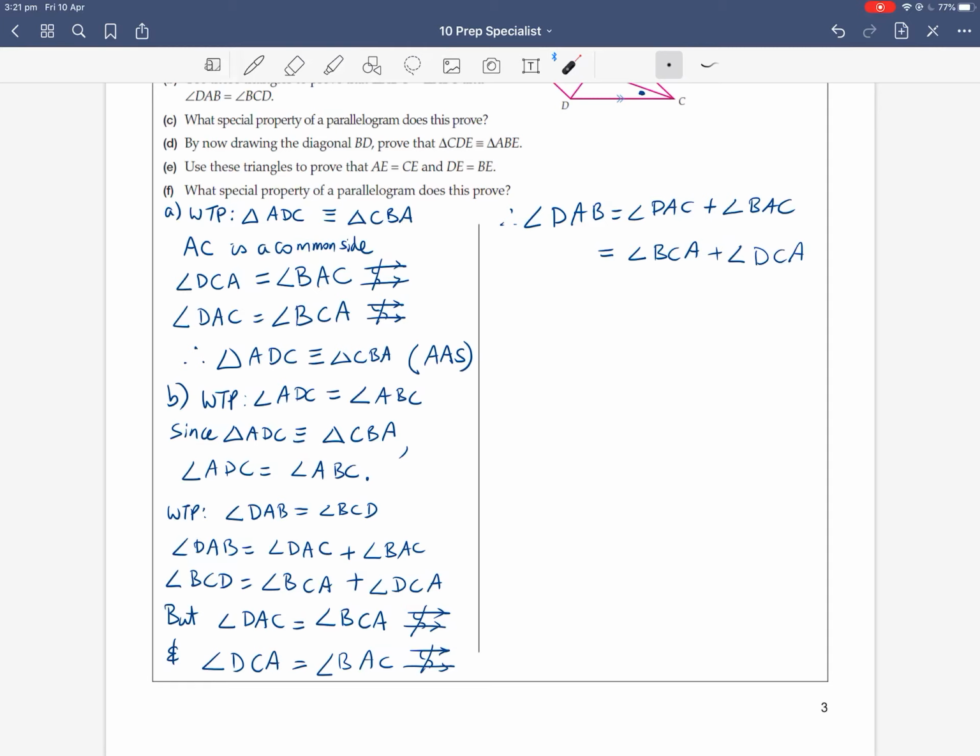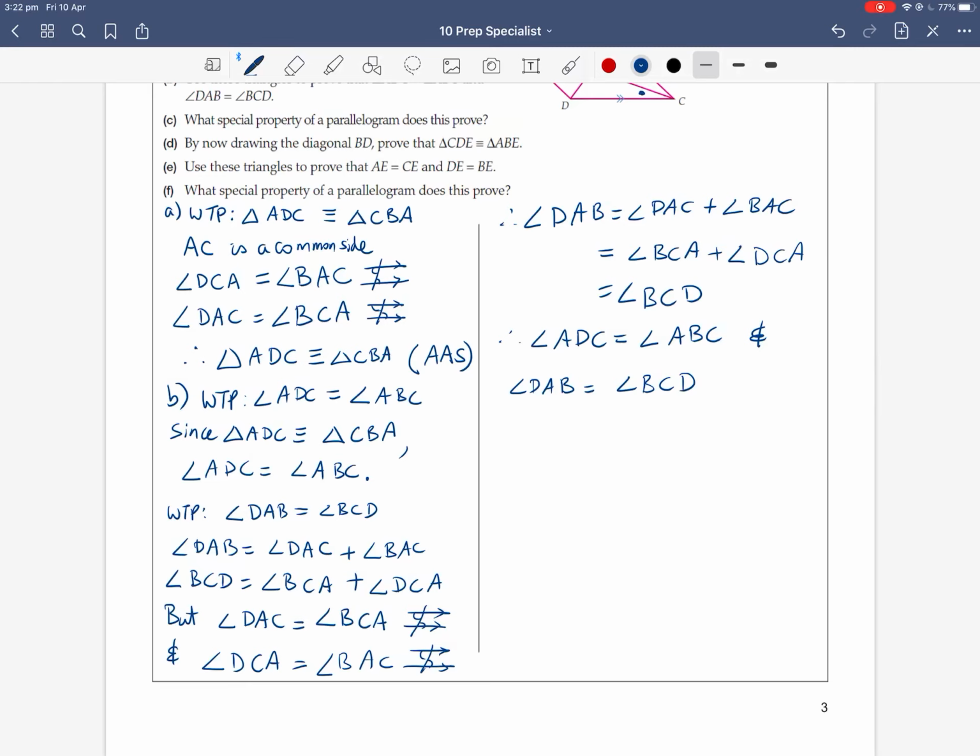Which means if we look at BCA and DCA, which was exactly angle BCD, it is the same as angle BCD. So therefore we can conclude that angle ADC is the same as angle ABC, and we have also shown that angle DAB is the same as angle BCD.